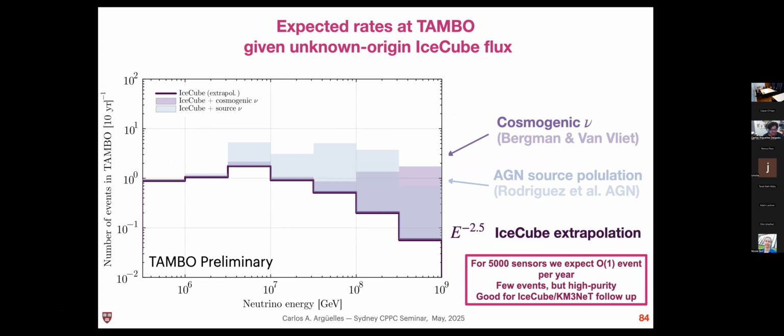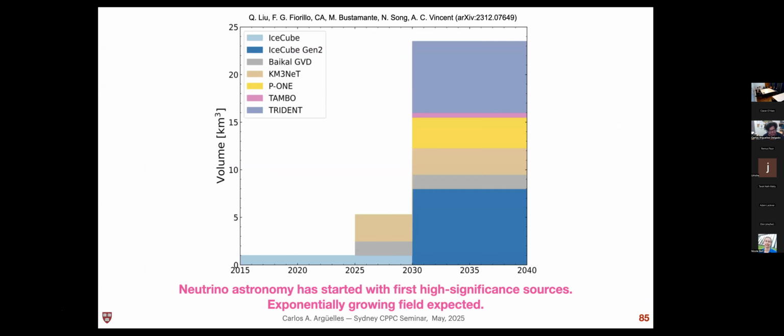But the good thing about this is that every event that we see is a tau neutrino, so it has to be astrophysical, and it will have a very good angular resolution, better than 0.5 degrees, given the array configuration. So that means that if we see a tau neutrino here, we can tell IceCube to look in that direction, and then this will significantly reduce the trial factor once they're looking at the sky.